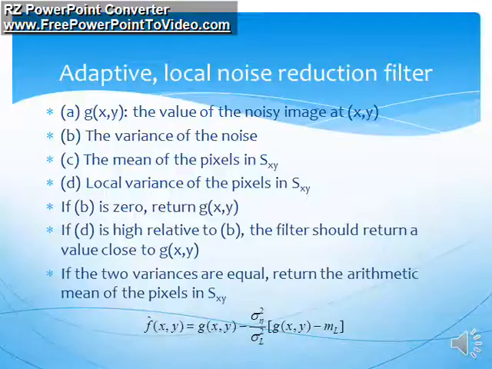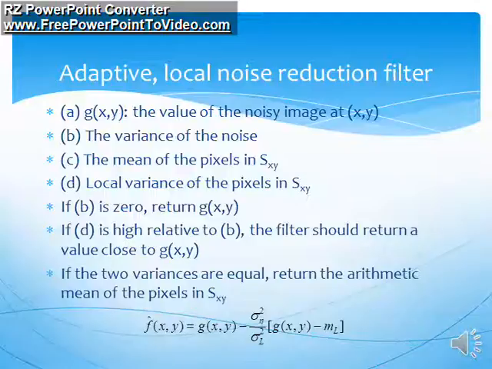Now the variance of the noise must be calculated. Then the mean of the pixels in Sxy. Then the local variance of the pixels in Sxy. If sigma squared n is 0, return g(x,y). If sigma squared l is high relative to sigma squared n, the filter should return a value close to g(x,y).